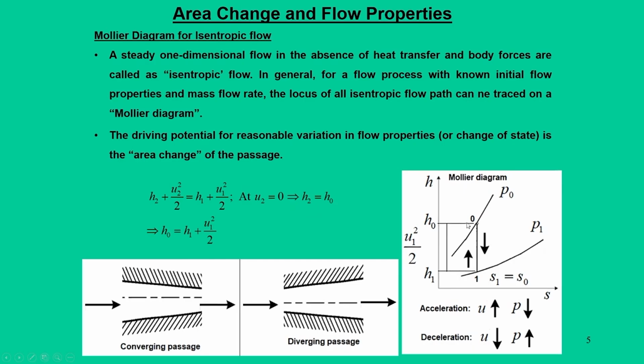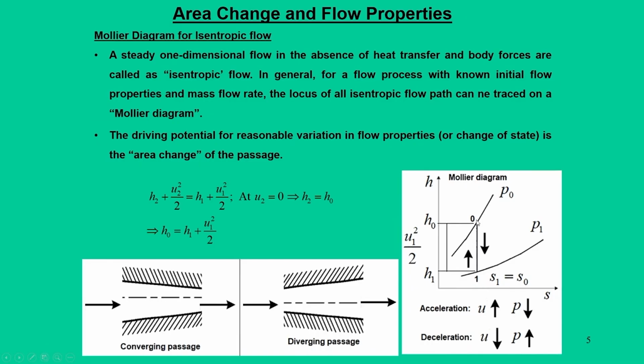So, basically, at the initial state we have the total enthalpy available in the fluid, and it expands to a certain pressure. Now, during this expansion process, if you assume it to be isentropic, then what we see here is this.